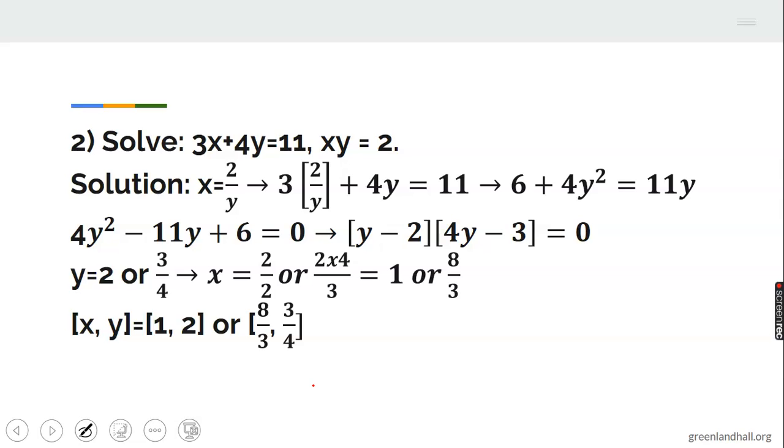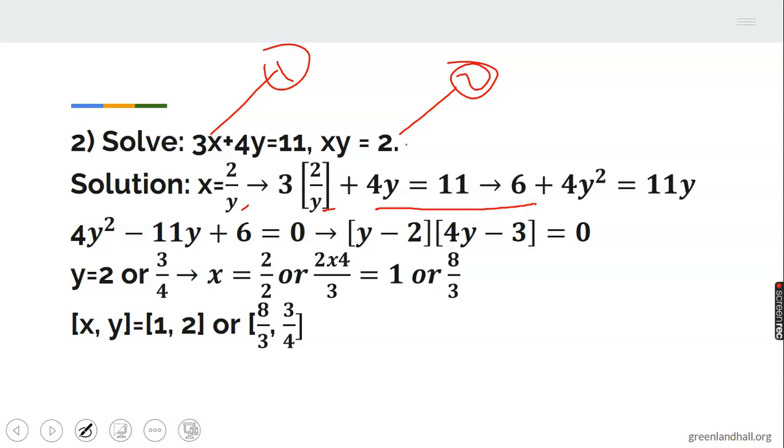Now this is another one. You have to make y or x the subject in equation 2. This is equation 1. Anyhow you like it, I think the best thing is to make one of them the subject in equation 2. So that's what I've done here. And when you do that, you now substitute it. You see x, make x the subject and substitute it here. I will have this one.